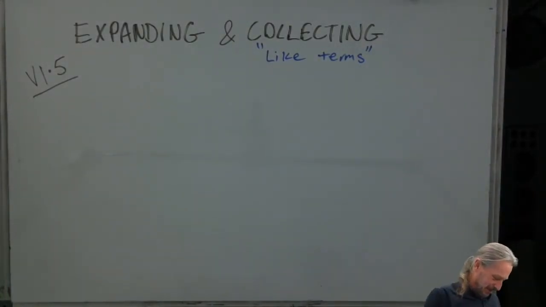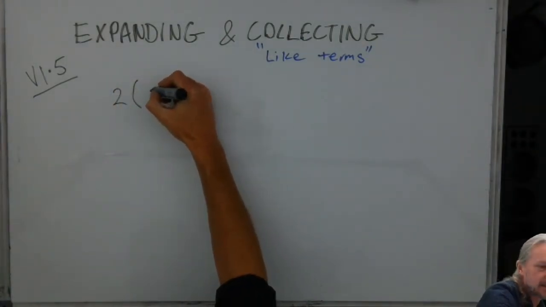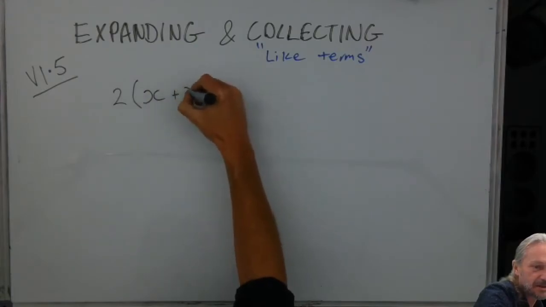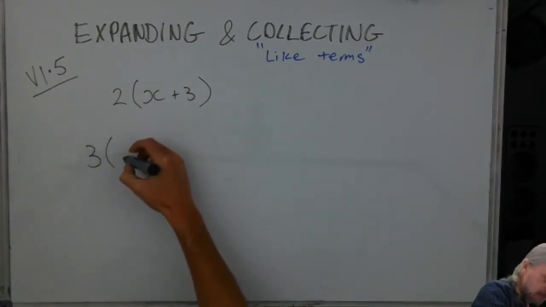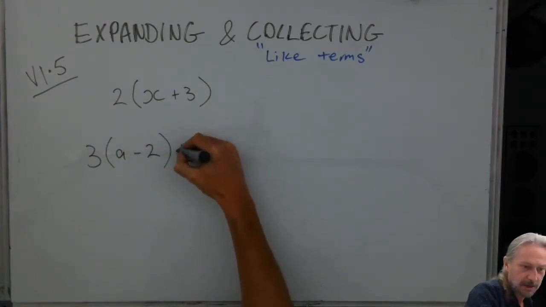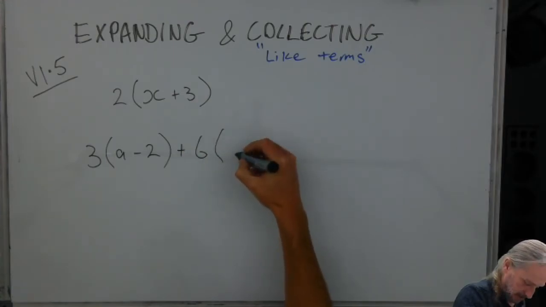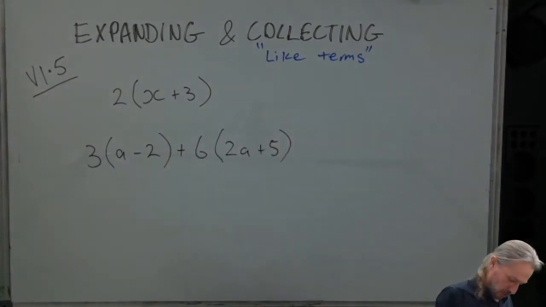Okay, so these 3 examples: 2 outside brackets, x plus 3, 3 lots of 8, 2 plus 6, 2a plus 5. So these are getting more and more involved.